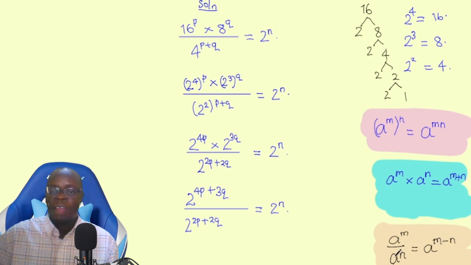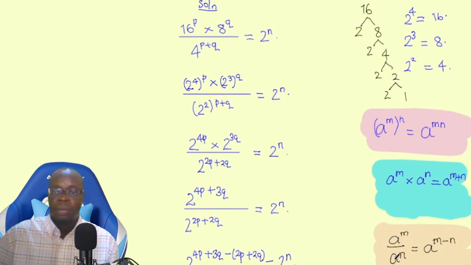Meaning when you divide numbers with the same base, you simply subtract the powers. From this rule of indices, we can apply it here, and we have 2 exponent 4p plus 3q, and we're subtracting 2p plus 2q, equals 2 to the power of n.